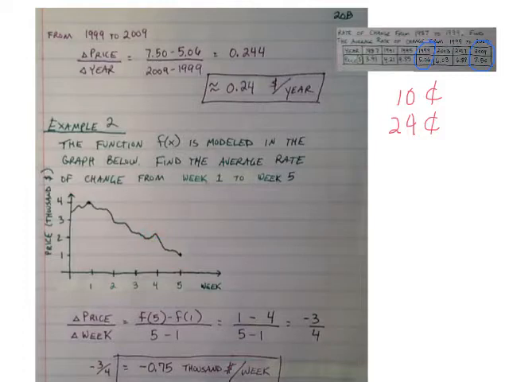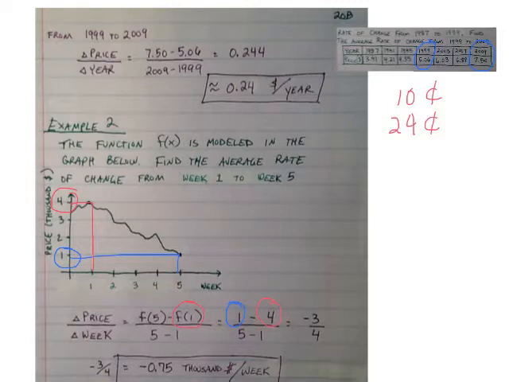So if we want to find the average rate of change from week 1 to week 5, we're going to do the change in price over the change in week. So that means we want to take f of 5 and f of 1 and divide that by 5 minus 1. So f of 5 is 1, and f of 1 is 4.